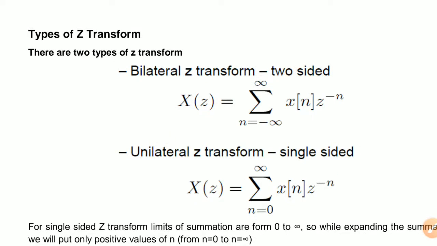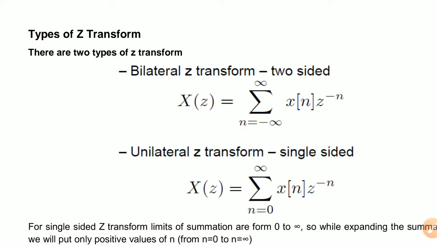So the next is the types of Z transform. There are two types. The first one is the bilateral Z transform, also called the two-sided Z transform, and the second one is the unilateral Z transform, or single-sided Z transform.